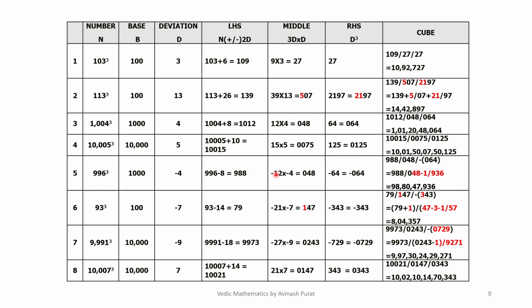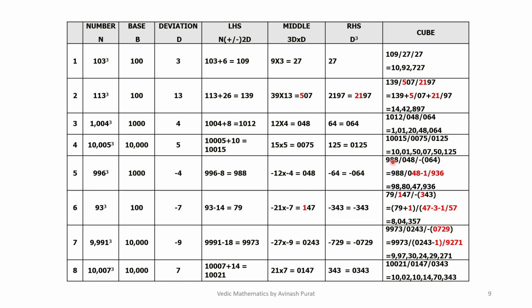Middle term is -12 into -4, that is plus 048. And D cube, that is -4 cube, is -64. That is taken as -064.